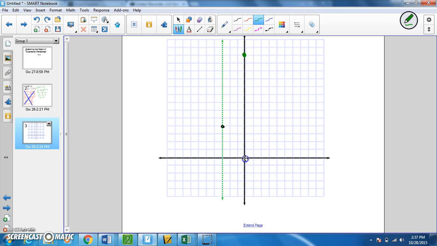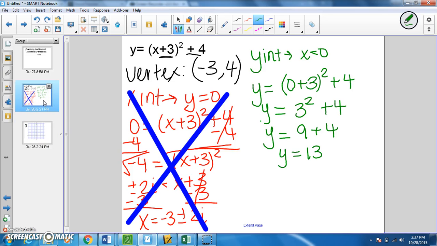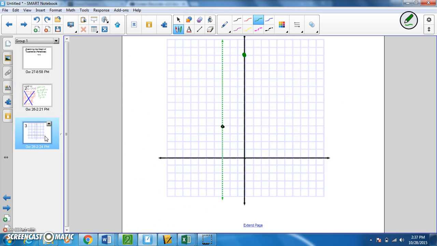If we didn't have room for the y-intercept, then we would be able to pick an x value. What I mean is that as we go farther away from our axis of symmetry, our y values will continue to either increase or decrease if we have an upside down parabola.